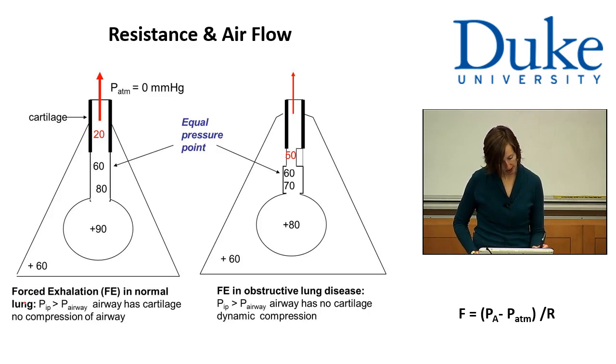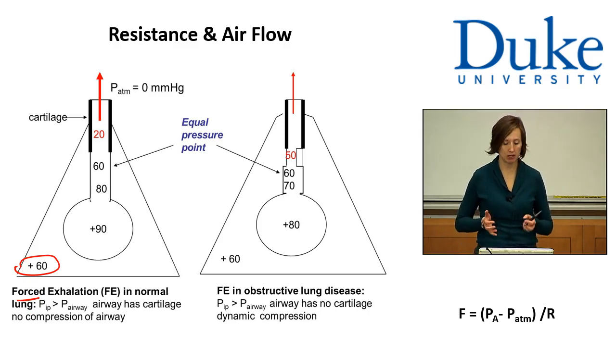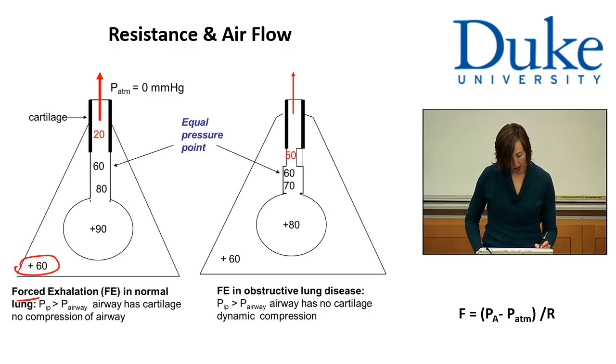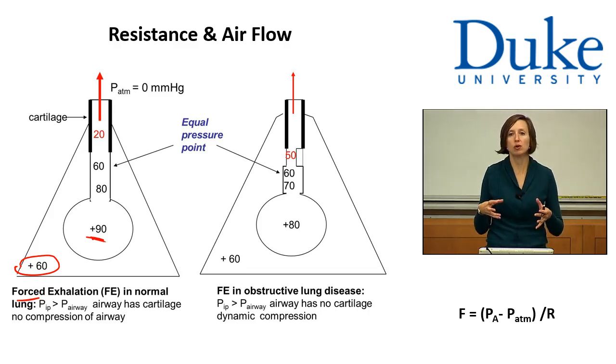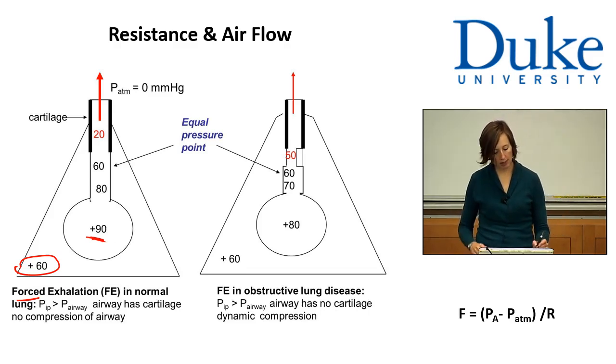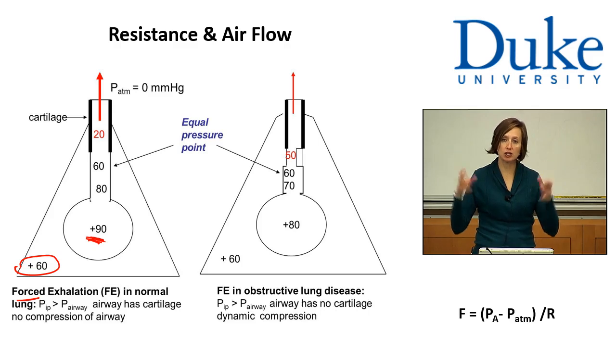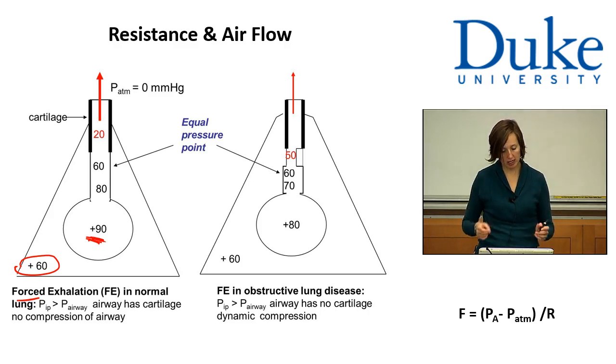In a normal person, the intrapleural pressure can become positive because you're really squeezing that pleural sac. However, it's still less than the alveolar pressure, so we're not going to collapse the lung. We've got that good lung recoil, so the lung is going to really contract or get smaller, which is going to make that pressure increase.